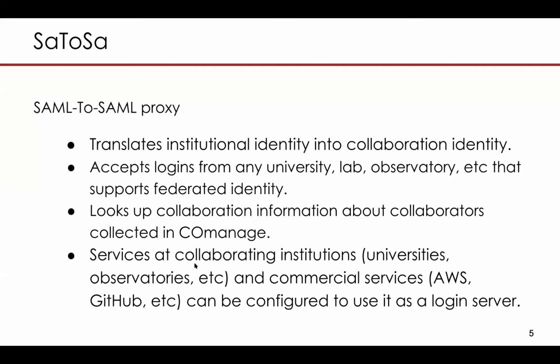Again, we're set up to accept logins from very many different universities, labs, observatories, etc. There are still some institutions that don't play nicely with federated identity, and as I said, we have things like ORCID or Google as workarounds for them. So we can leverage non-research and education identities, but we prefer the research and education identities.